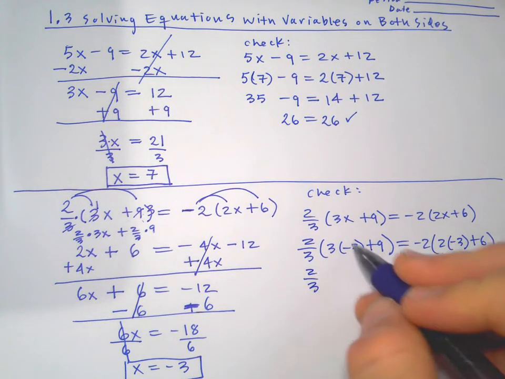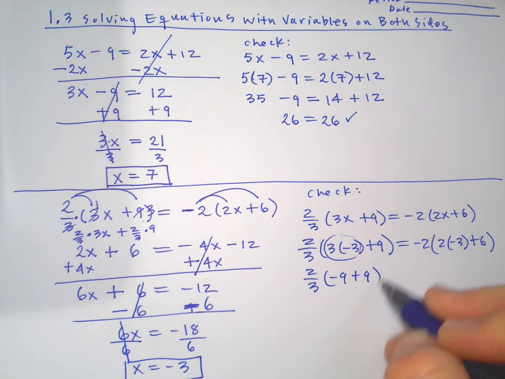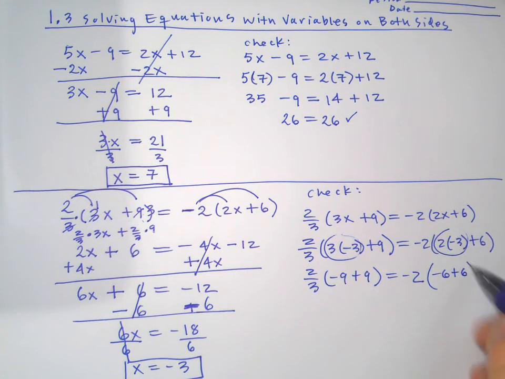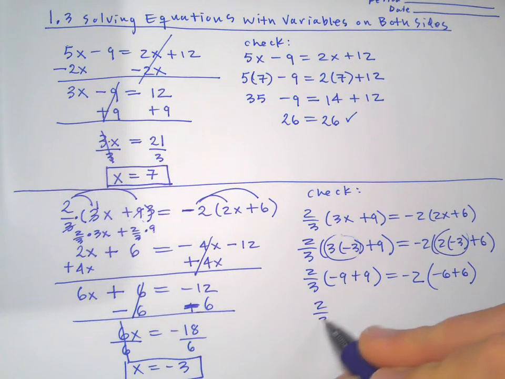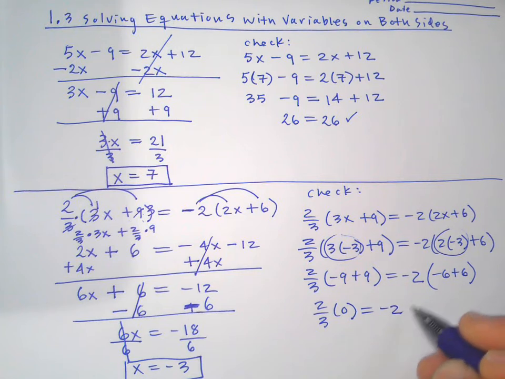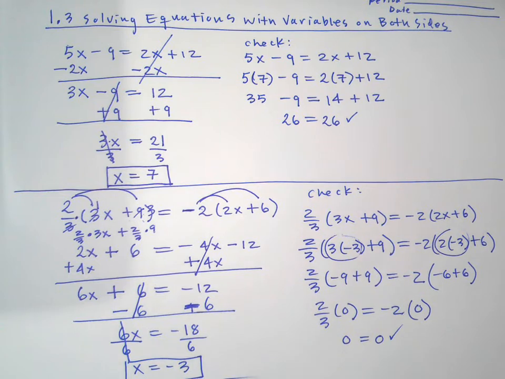So you do stuff in parentheses first, and you do multiplication first in there. So it's going to be negative 9 plus 9. And over here, we're going to do this first, negative 6 plus 6. And negative 9 plus 9 is 0. And negative 6 plus 6 is 0. And 2/3 times 0 is 0. And negative 2 times 0 is 0. So that's good. Good sign.